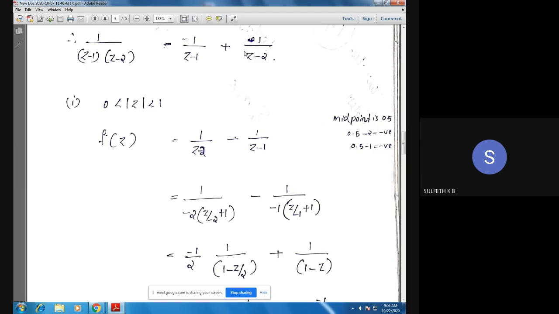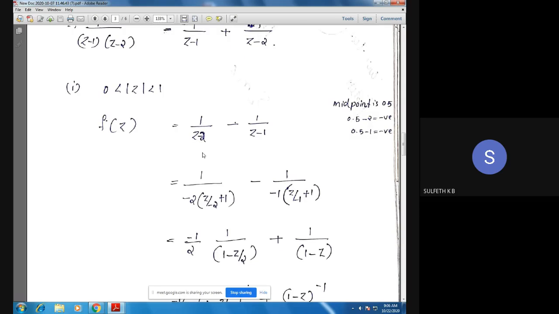We can order these terms, putting the positive term first and the negative term next: 1 divided by z minus 2 minus 1 divided by z minus 1. Clear?